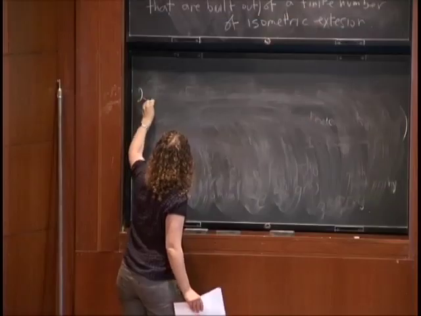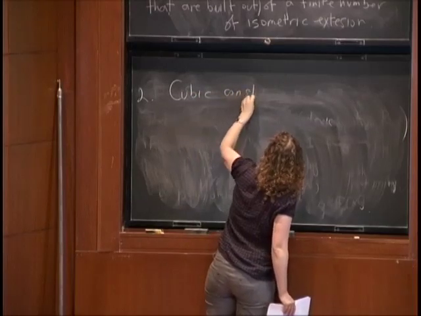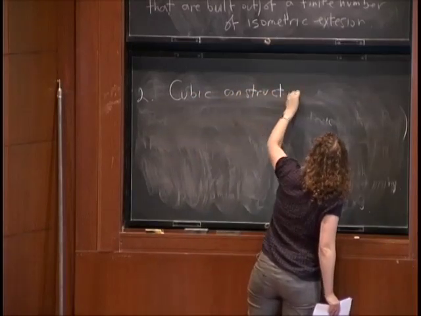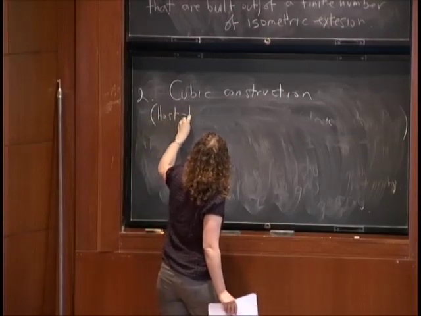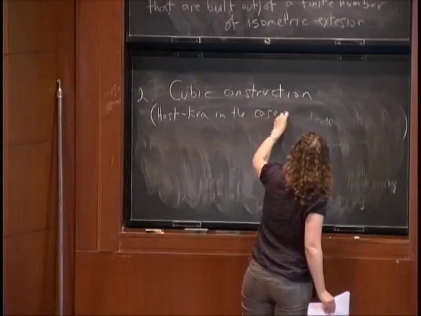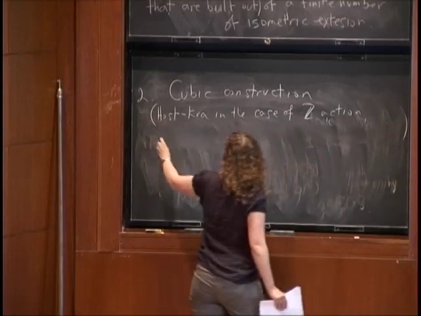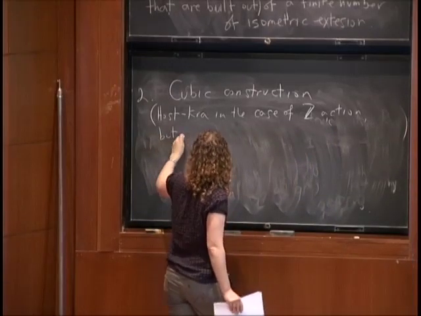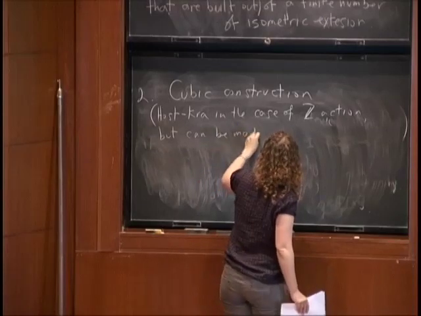Second part is a cubic construction, which essentially is due to Host and Kra in the case of a Z action, but can actually be made very general, even outside our situation.